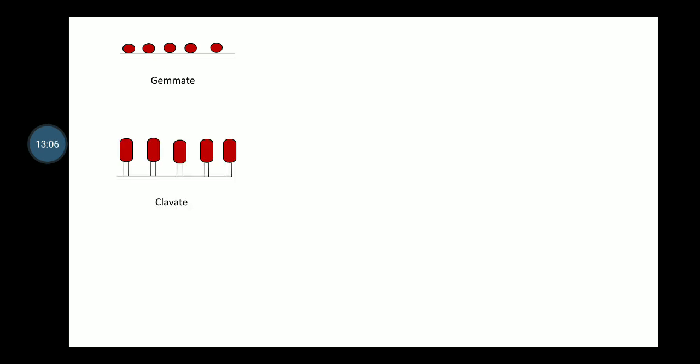The next type is known as clavate. Here there is an elongated or column-like structure. The height of the element is greater than its diameter, and that is a club-shaped projection known as clavate.